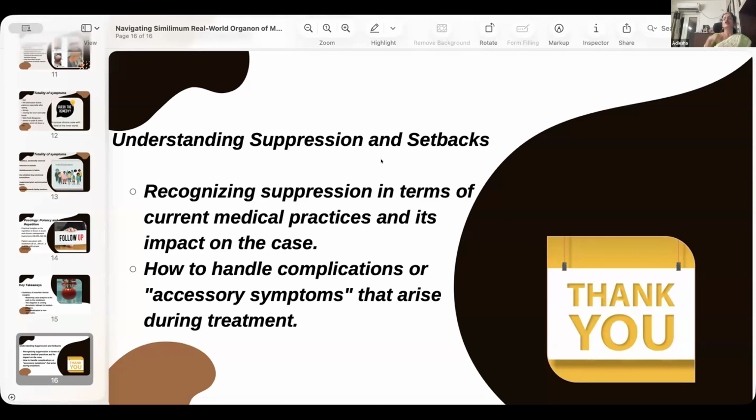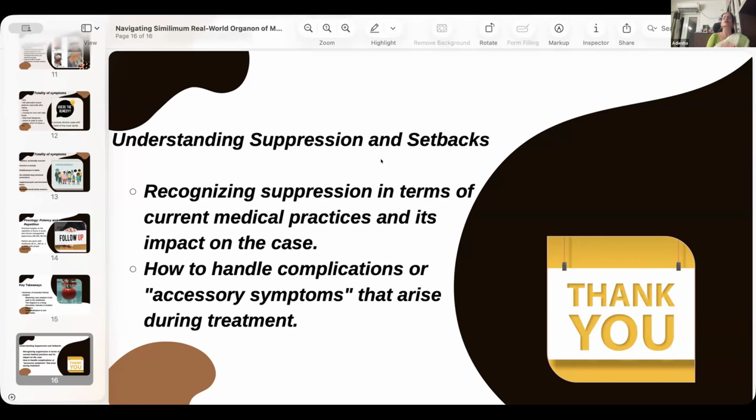How to handle the complications or accessory symptoms that arise during treatment. For example, a patient comes to us with a history of bronchial asthma, and we have started treatment for the wheezing, to reduce the episodes and the intensity of the wheezing, where the patient is using the homeopathic medicine as well as the puff, so we can't see the exact actual result.